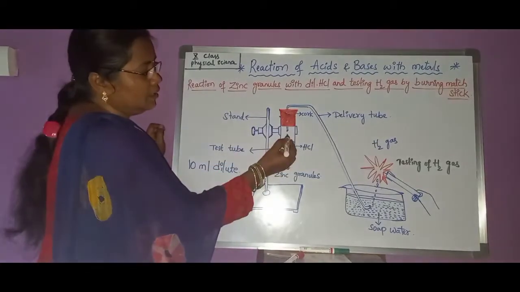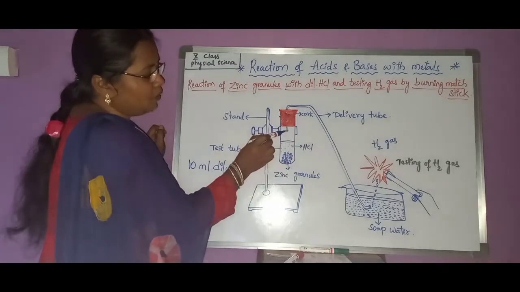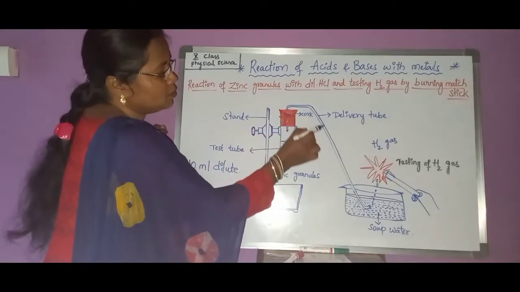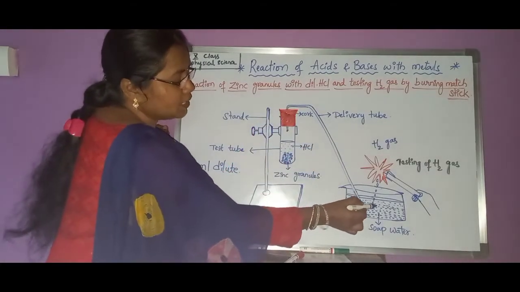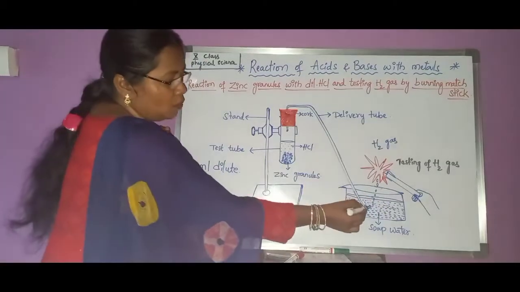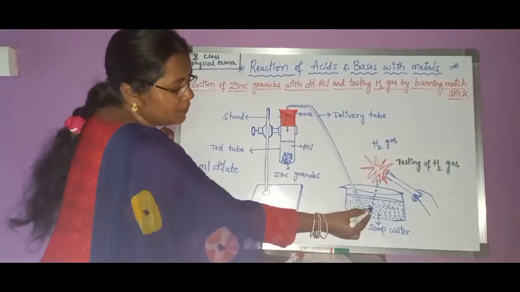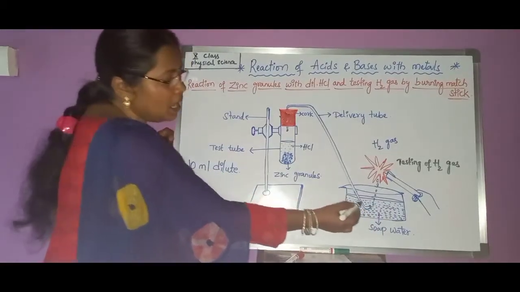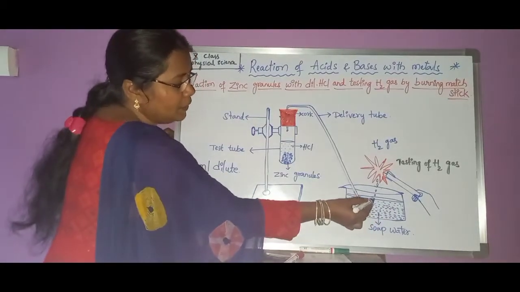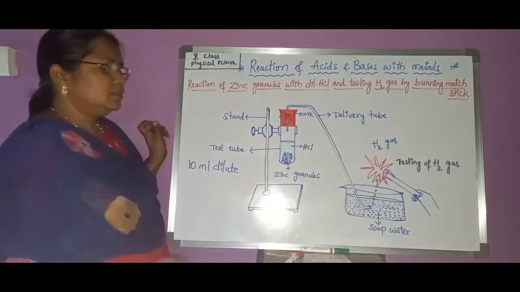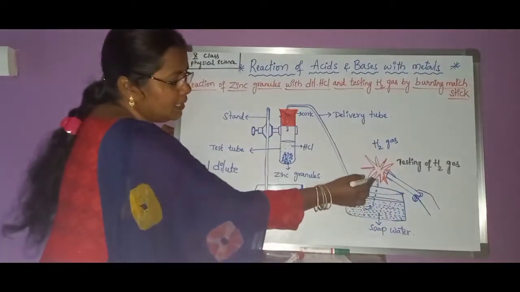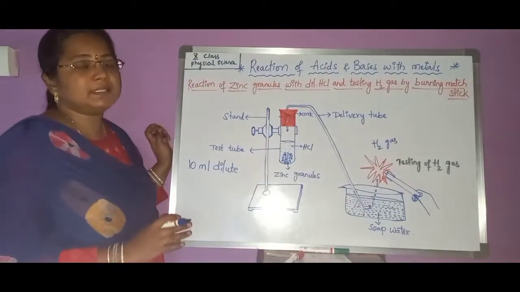This gas immediately passes along the delivery tube and enters the soap water. We can see the formation of bubbles in the soap water, and these bubbles rise to the surface; they contain hydrogen gas.